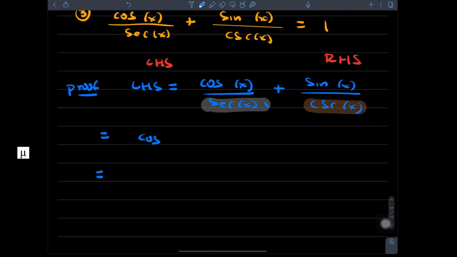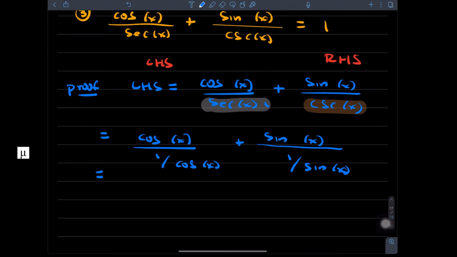So you have cosine, 1 over sine. I'm sorry, 1 over, that's secant. So it has 1 over cosine, plus sine, 1 over what?